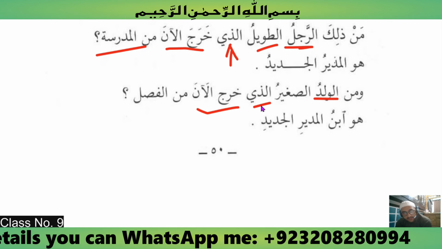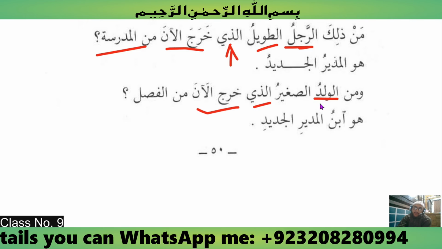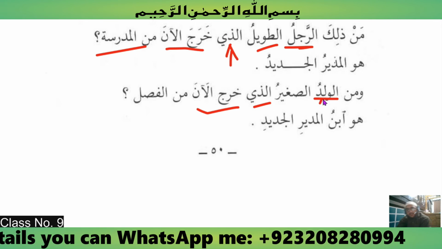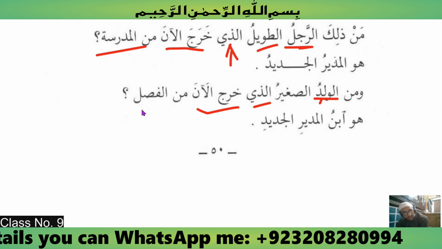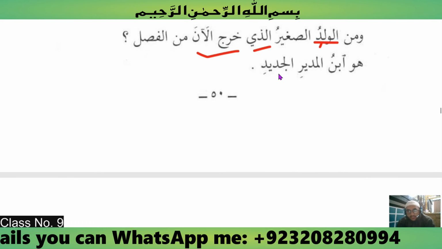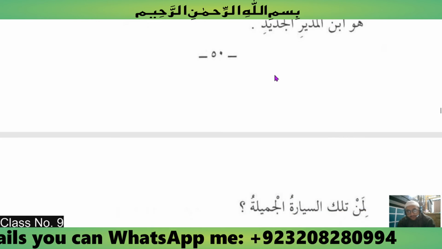This one is the relative pronoun. This one is the described word, منعوت. الصغير is the adjective. من الفصل is the additional part for explanation of the sentence. هو ابن المدير الجديد. He is the son of the new principal.